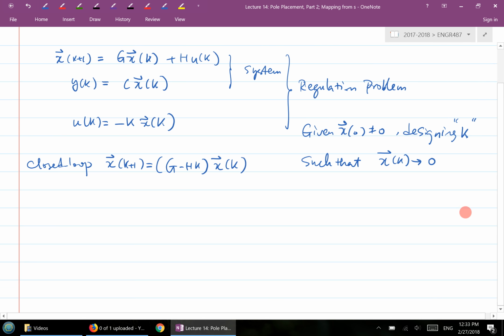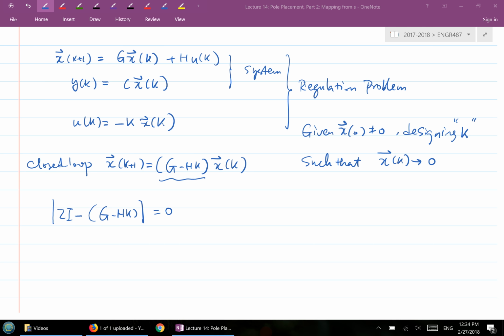The G minus HK essentially is the closed loop system matrix. We can set its determinant to be 0 and easily derive the so-called closed loop characteristic equation, and expand the determinant.